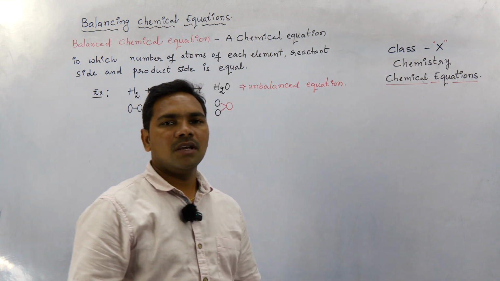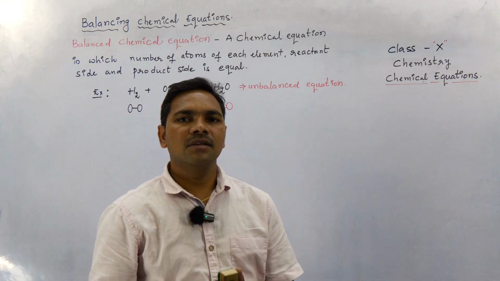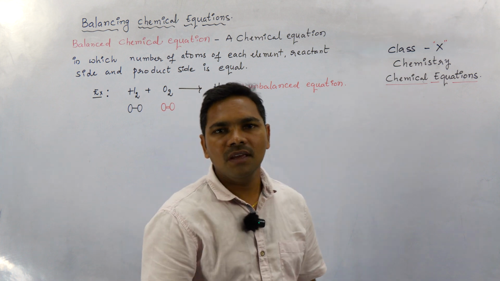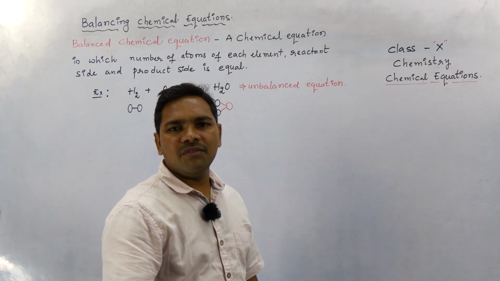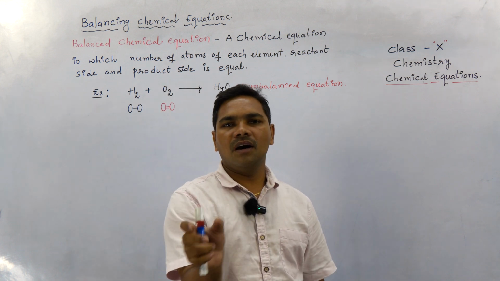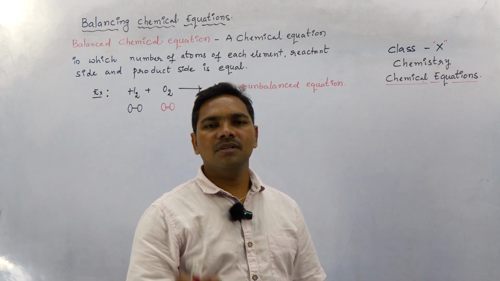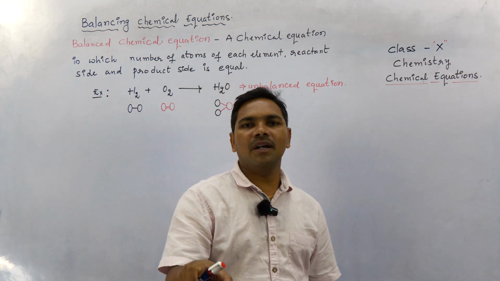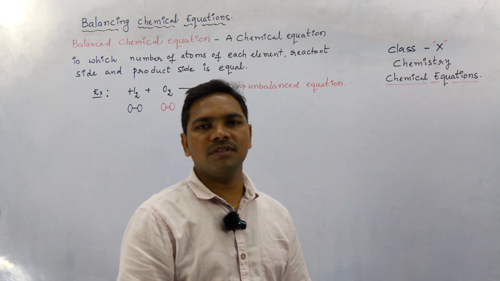According to this, during a chemical change, the mass of reactants must be equal to the mass of the products. And like in a previous video we discussed, if the number of atoms are equal, then masses are also equal, because atoms are the constituent particles which are responsible for providing mass of the substance.